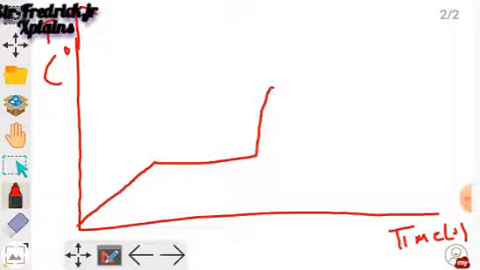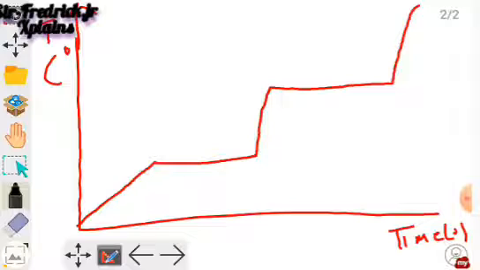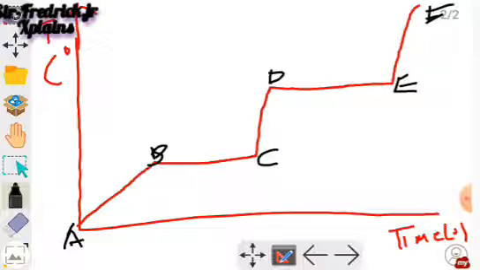Just like that. So if that is the ice that you exposed to the sun, here will be point A, this will be point B, this will be point C, point D, E, and F. So if this substance were exposed to a temperature above zero, it will start melting.